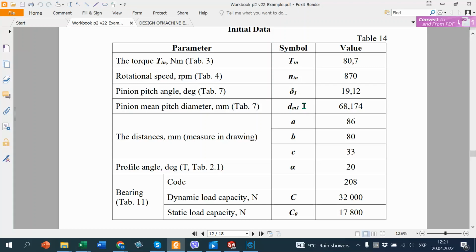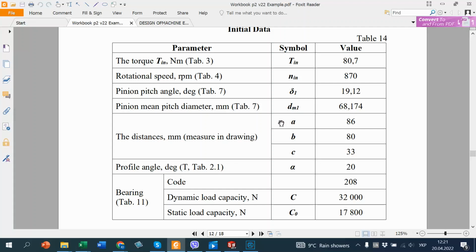We can use dm2, but in such a case you should use T2, n out, T out, and delta 2. Better for the first calculation of the input shaft bearing, it is better if you use this subscript 1.